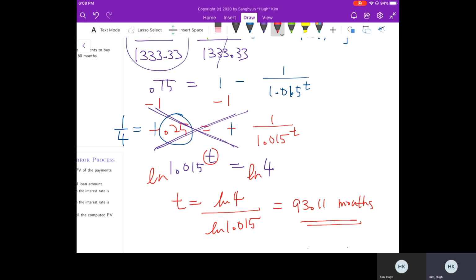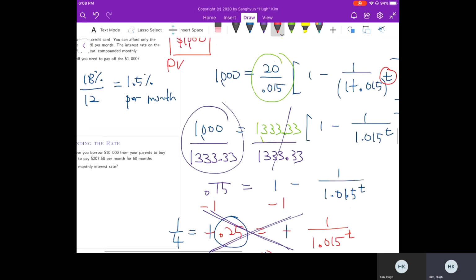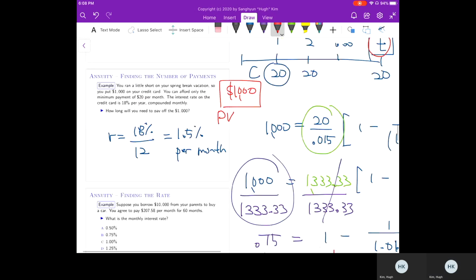So if you make the minimum payments on your credit card, then it's going to take 93.11 months to pay off your balance.